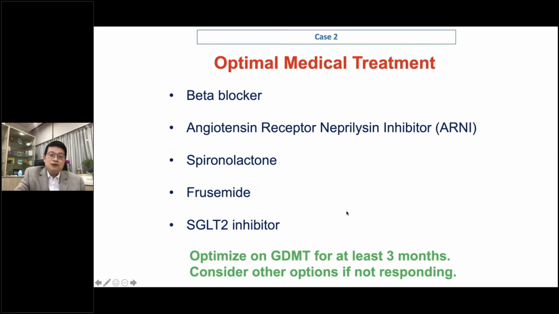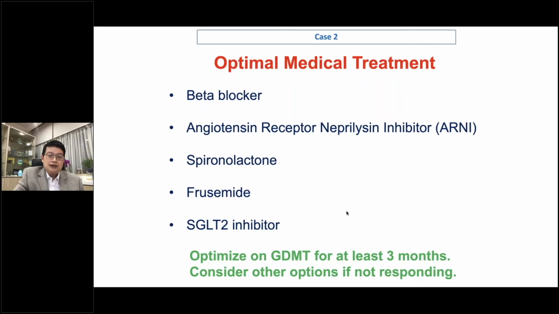So this patient was optimized on a beta blocker. He was started on an angiotensin receptor neprilysin inhibitor, an ARNI, spironolactone, and furosemide to offload him a bit because he was in pulmonary edema. He wasn't on an SGLT2 inhibitor, but he is now, after the evidence came out of the improvement in survival with SGLT2 inhibitors.